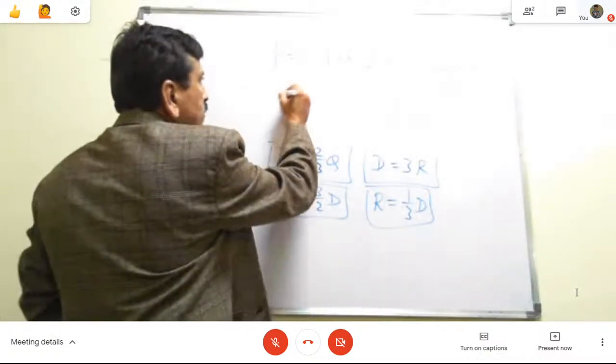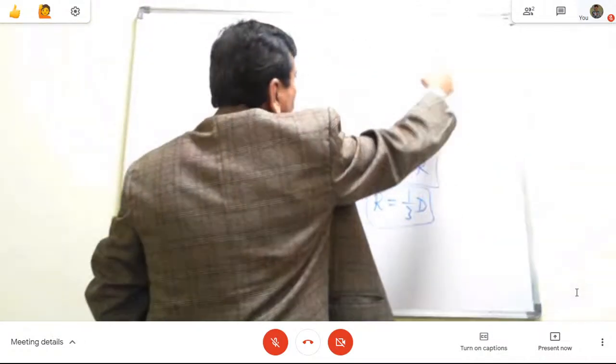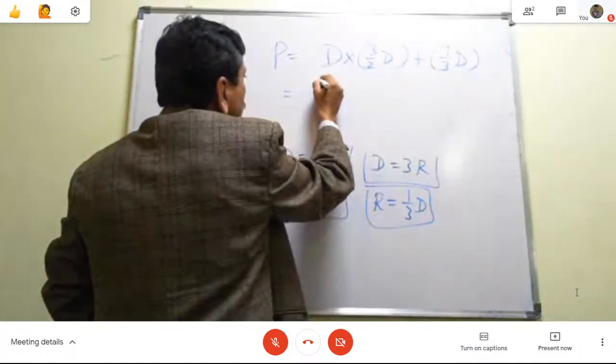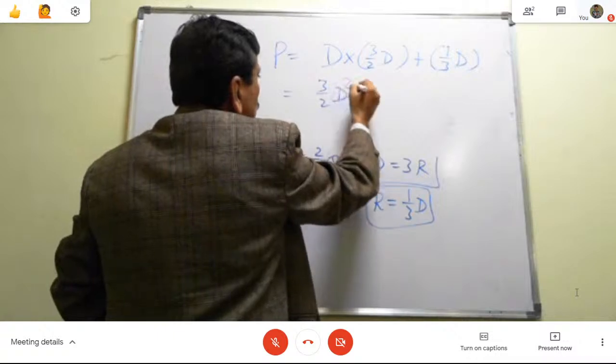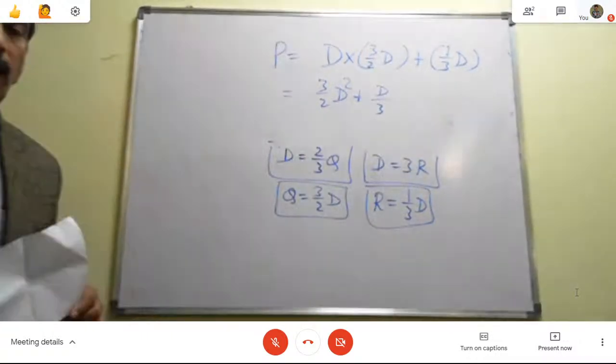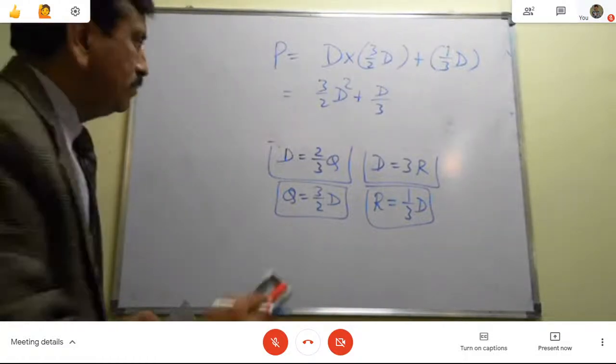This 3 will cut down with 3 D. 3/2 D square plus D/3.